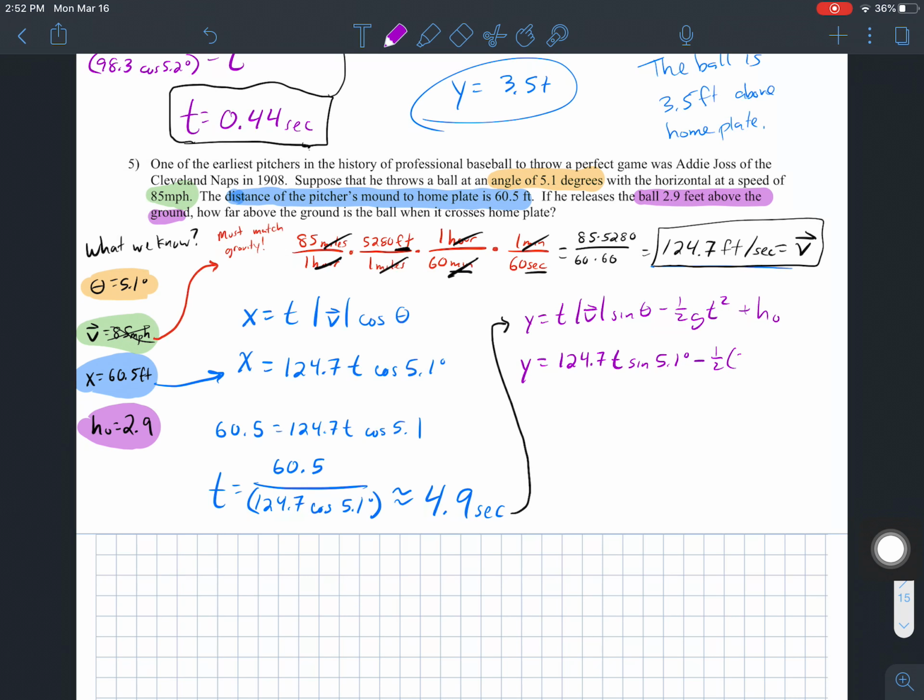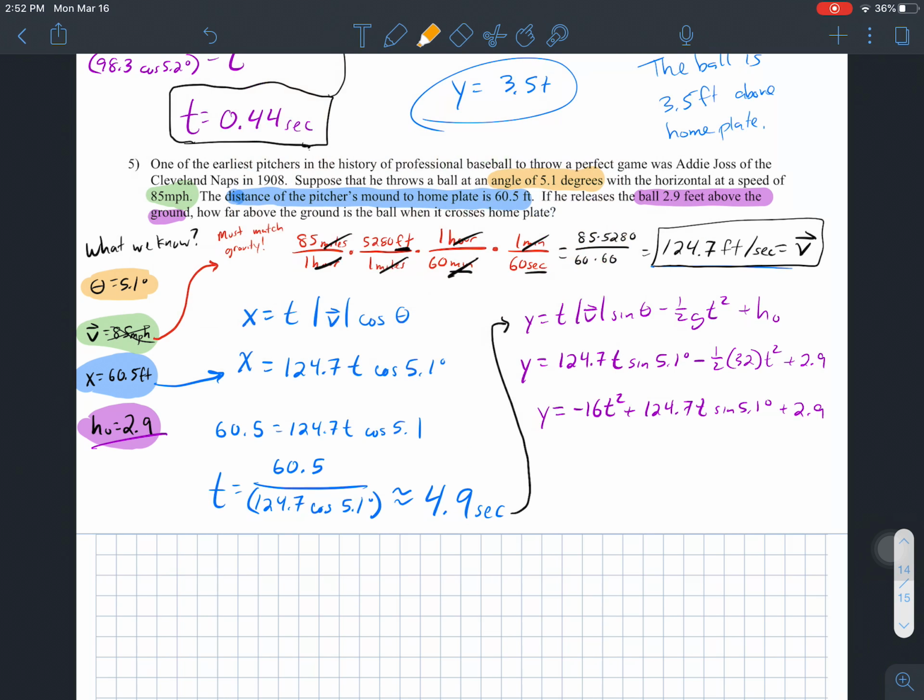We're in feet per second, so gravity would be 32 then. T squared minus 1/2 32 t squared plus the initial height. Looks like it was 2.9. And I'm going to just write the parametric equation in the order that we have. The negative 1/2 32 t squared becomes negative 16 t squared plus 124.7 t sine of 5.1 degrees plus 2.9.